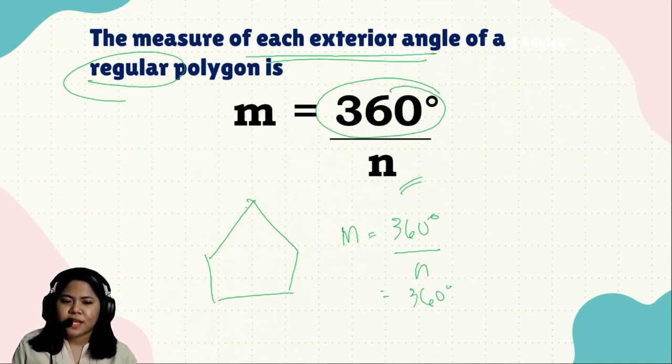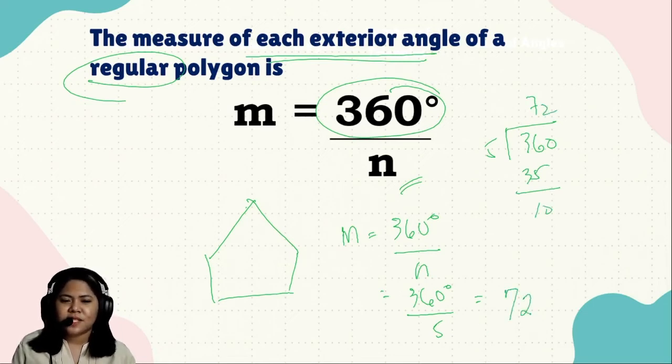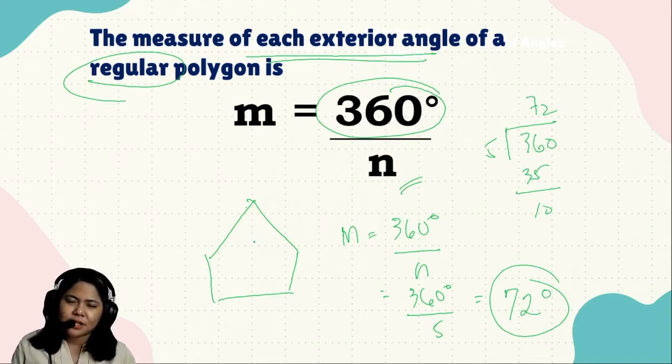The number of sides is 5. And what is 360 divided by 5? So, that's 72 degrees. So, bawat isang exterior angle daw ng isang pentagon ay 72 degrees.